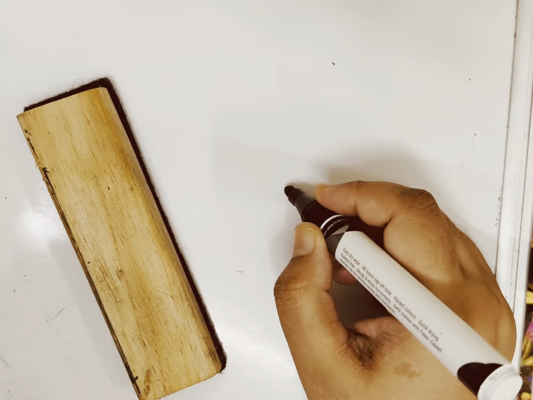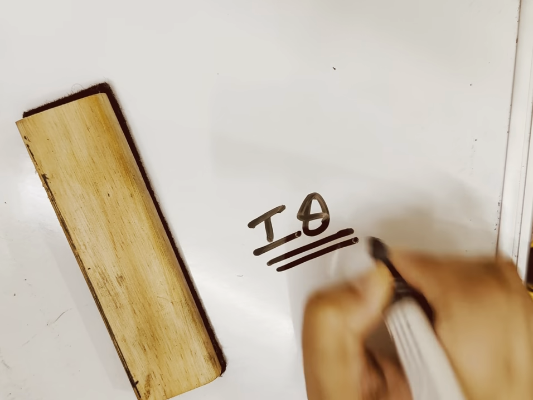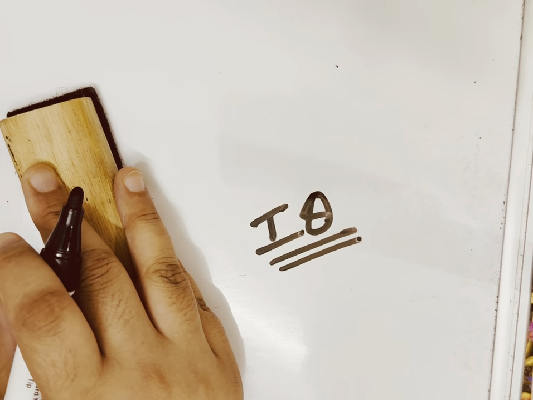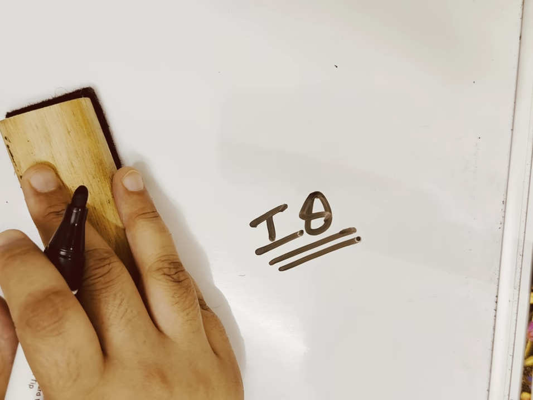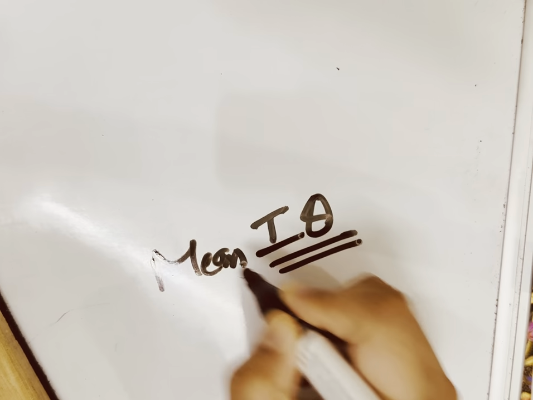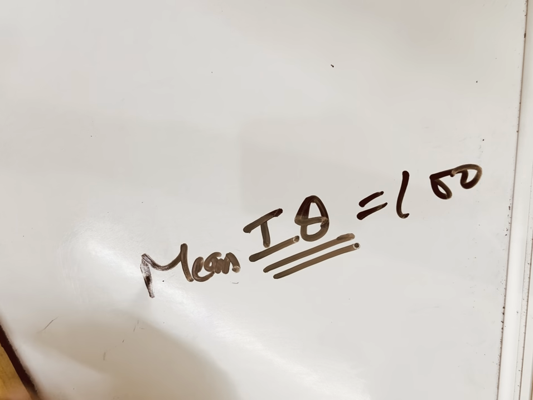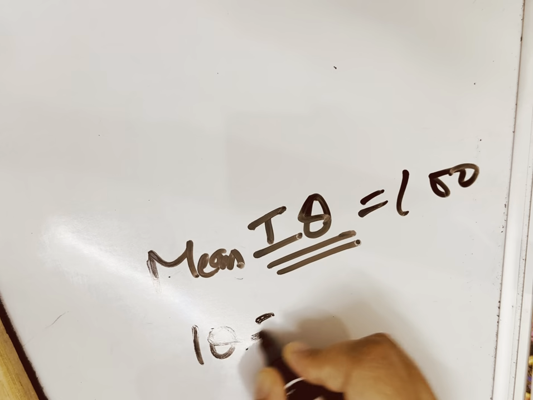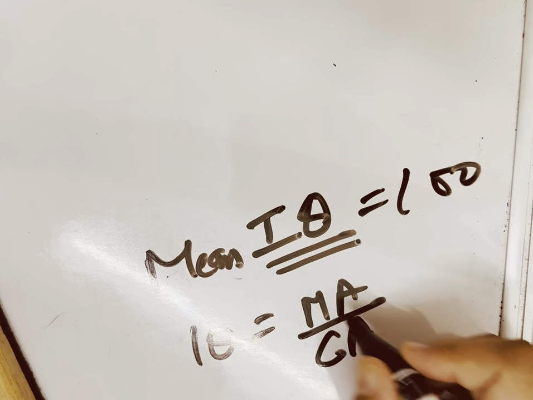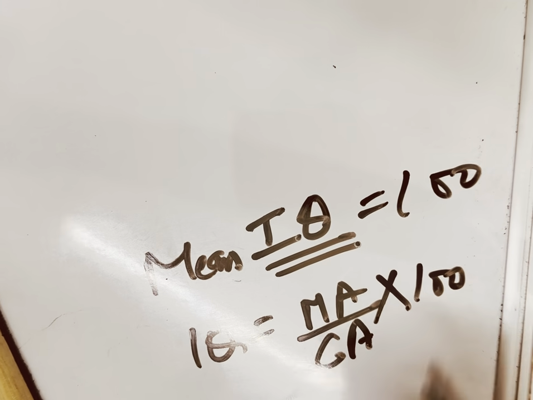Next, we can discuss some of the tests that we know, like the IQ test, which is an intelligence test, and it measures academic performance in relation to mental age and chronological age. So, what is mean IQ? Mean IQ is around 100 with a standard deviation of 15. IQ is calculated as mental age upon chronological age, into 100.